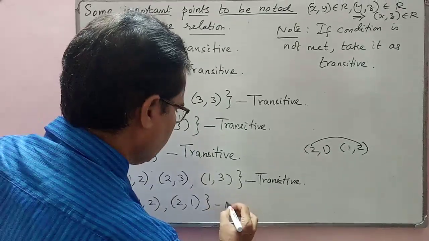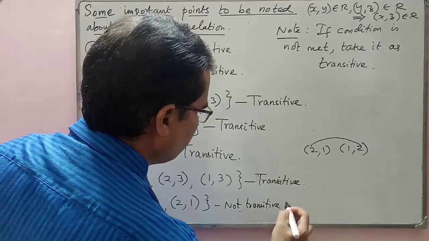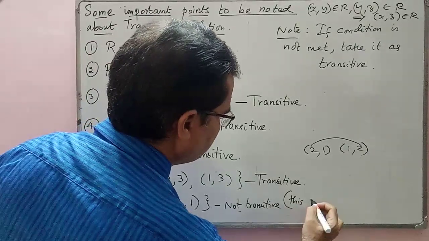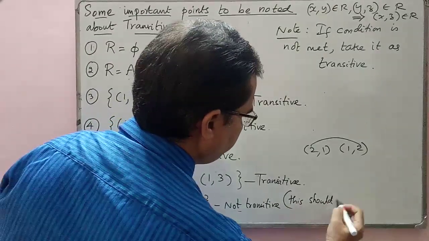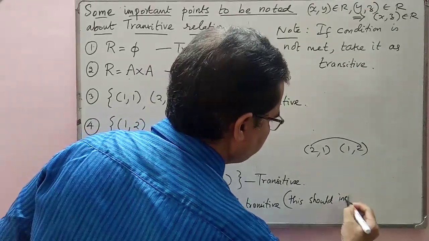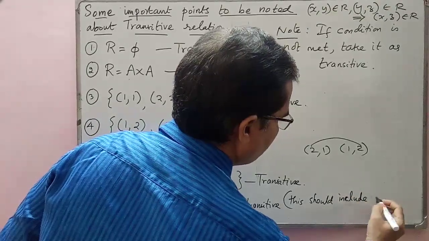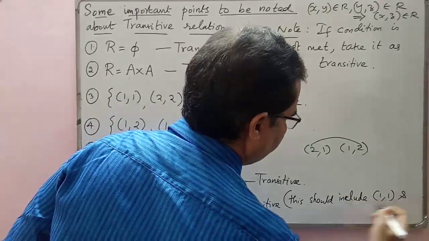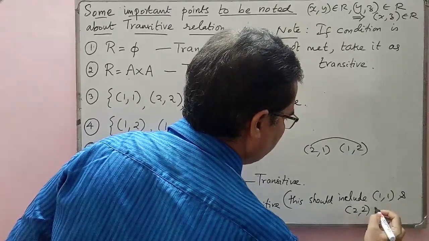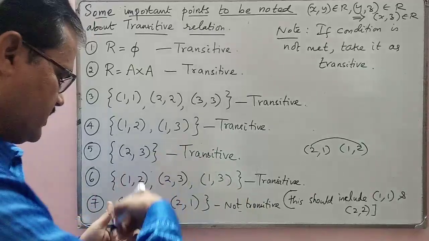So this is not transitive. This should include the ordered pairs 1, 1 and 2, 2 to make it transitive. So it is not transitive, children.